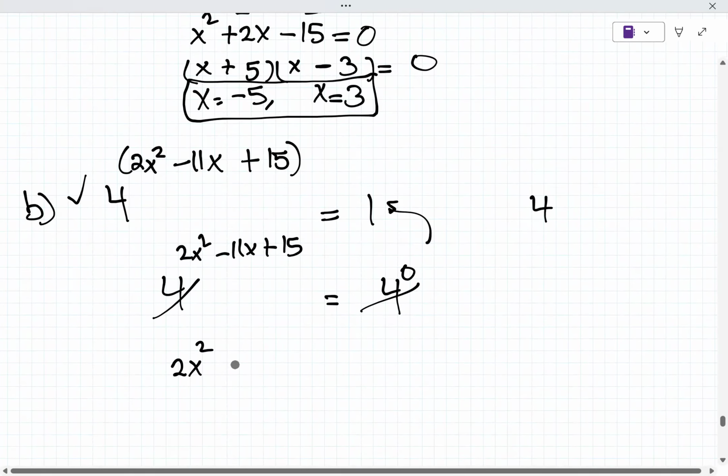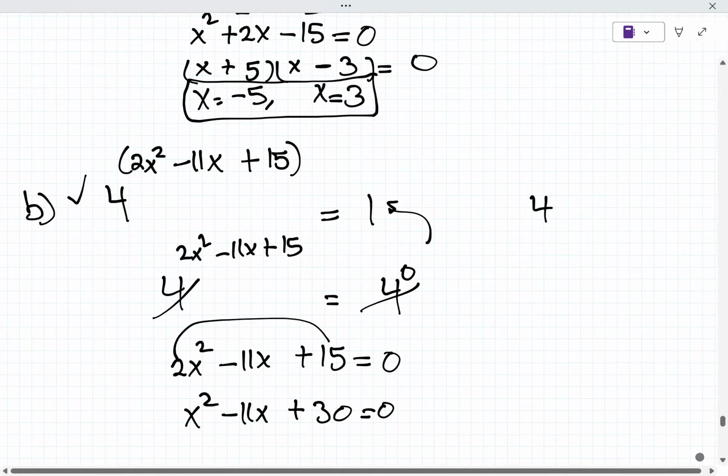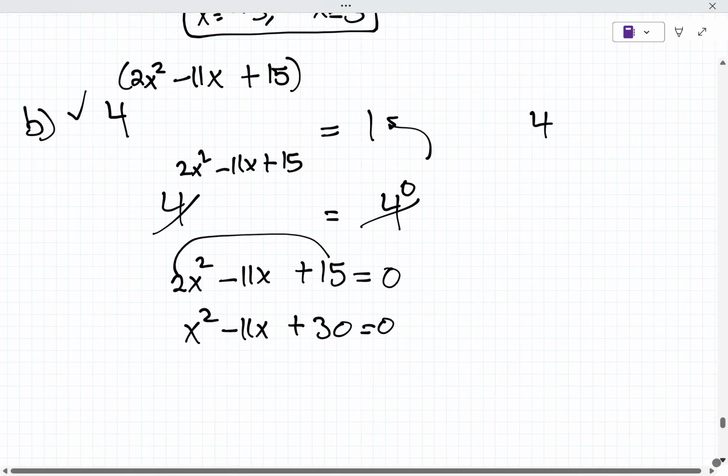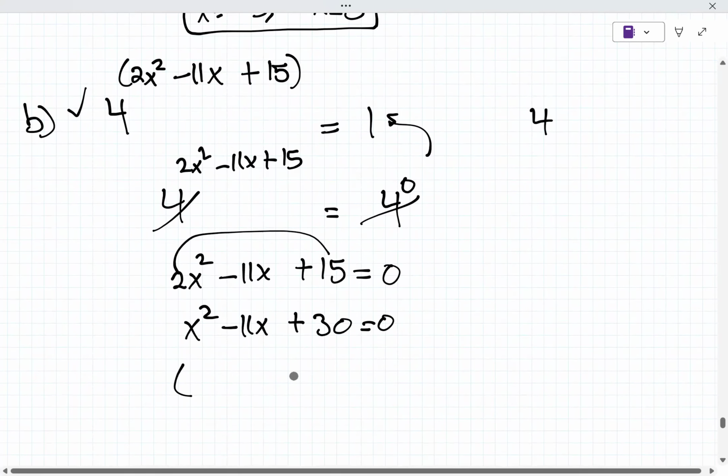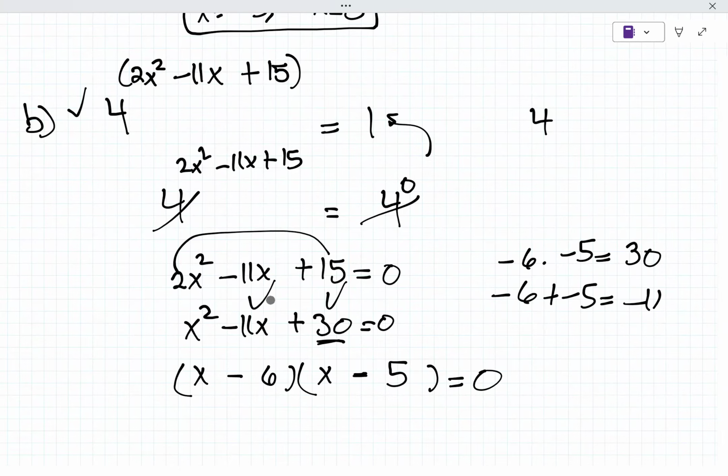And how are we going to solve for x? We're going to factor using bottoms up, so it's going to be x squared minus 11x, and then what's 2 times 15? 30. What multiplies to 30 and adds to give you -11? I'll use -6 and -5, because -6 times -5 is positive 30, and -6 plus -5 is -11.